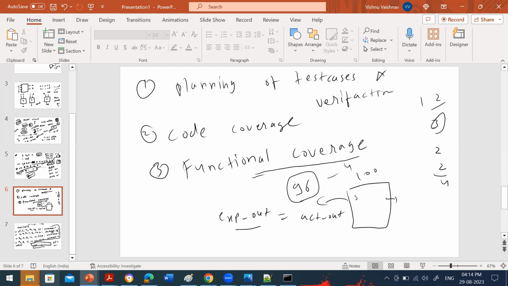We'll show how we write the code in Verilog, how we convert that code into a bit file, how we dump it into an FPGA board, how we connect the external system to the FPGA board, and how we execute it. So we would have separate sessions. But actually speaking, when you go to industry, that knowledge is good to have, but it's not compulsory. Just to explore that part also, we would have some sessions on that.